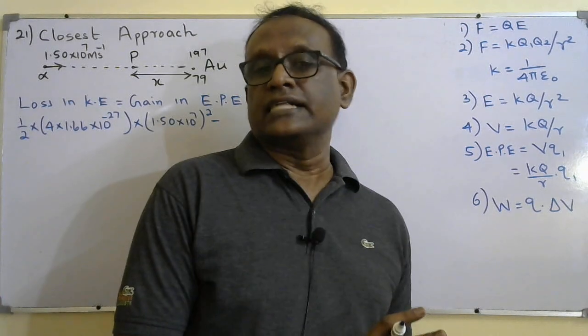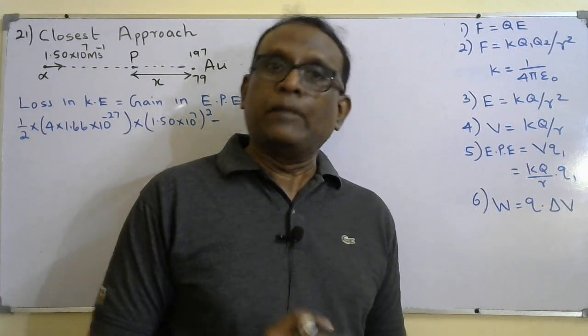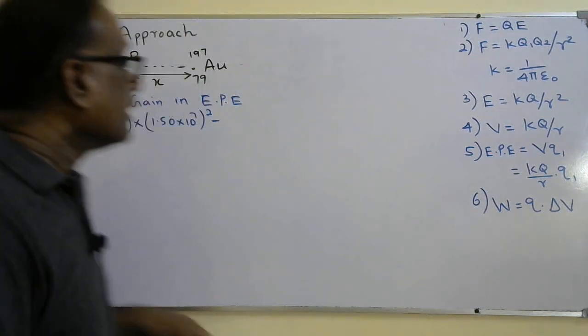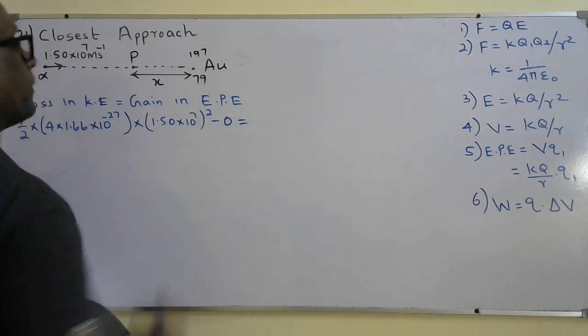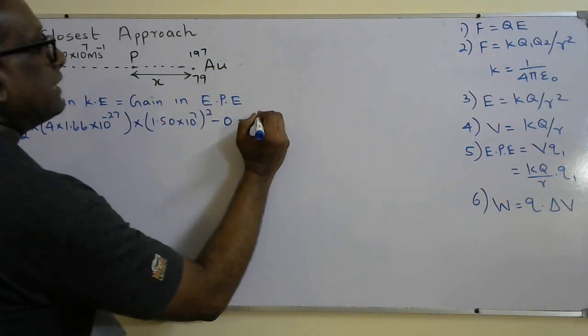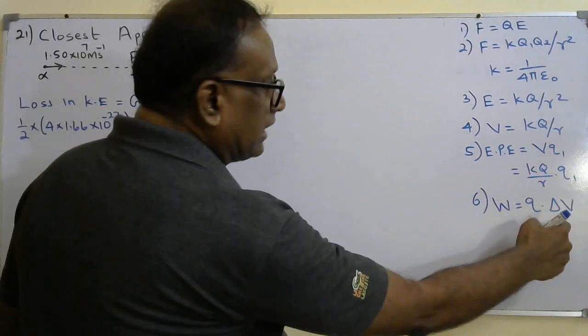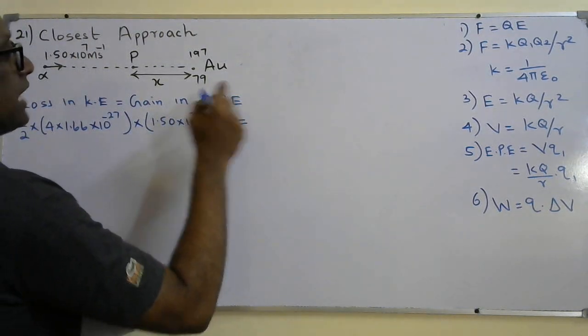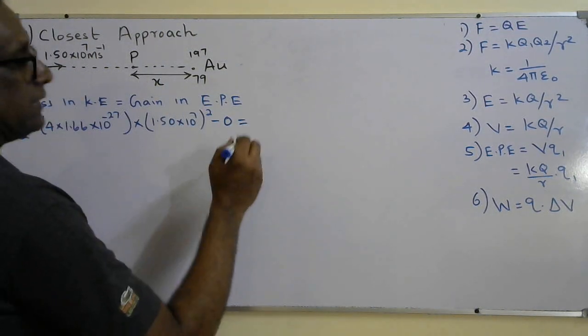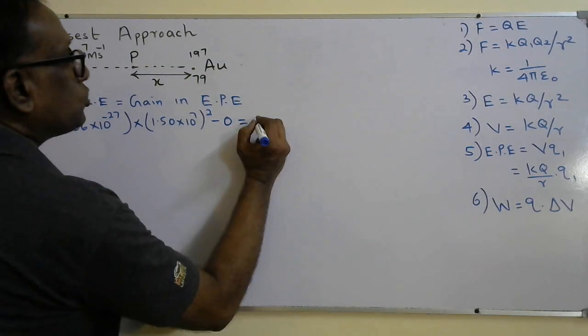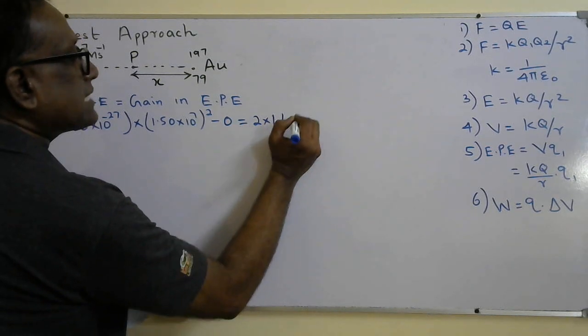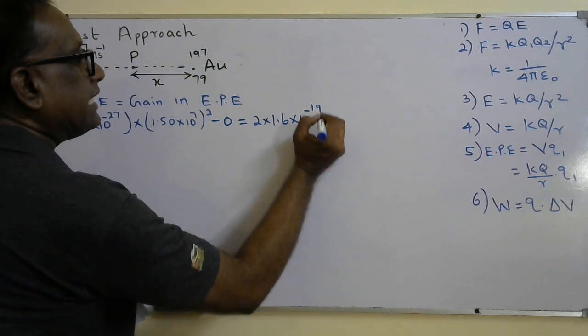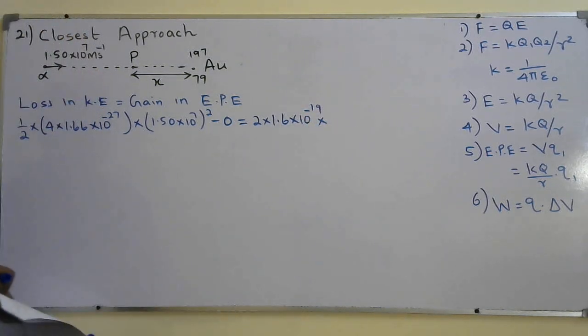It has lost all its kinetic energy because at the closest point it is unable to move further. So there the speed is 0 and the kinetic energy is 0. Gaining electrical potential energy is Q ΔV. The charge of the alpha particle is He²⁺, so 2 × 1.6 × 10^-19 into the potential difference.